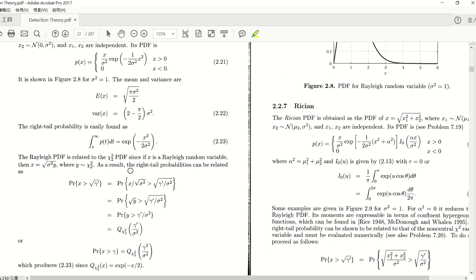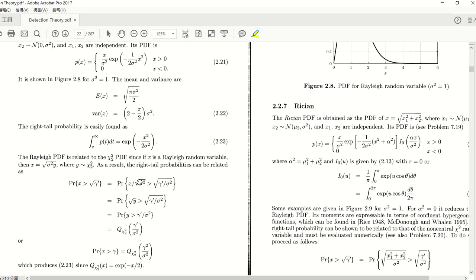As a result, the right tail probability can be related as the probability of x larger than the square root of gamma prime equal to the probability of x divided by this. The reason we divide is that we like to eliminate the square root of sigma square first.